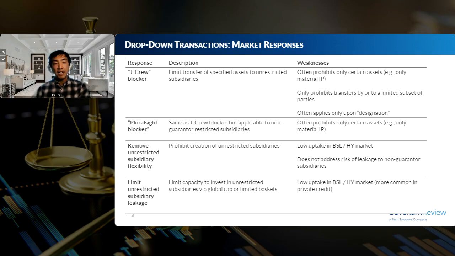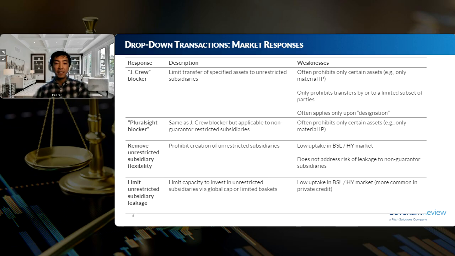And you can set it up so that the blocker only applies or is only tested when you do that designation. So it'll say something along the lines of, the company may not designate a subsidiary as unrestricted if that subsidiary at the time of designation owns material IP.